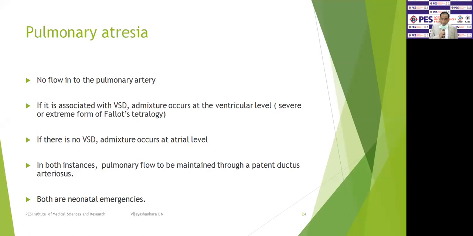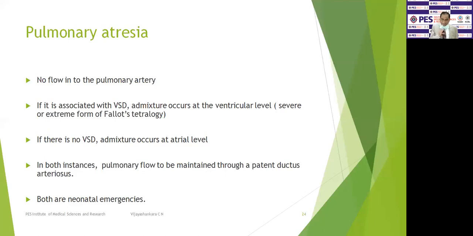So once you diagnose pulmonary atresia, you have to keep the duct open with a prostaglandin infusion until a definitive surgical intervention is undertaken.